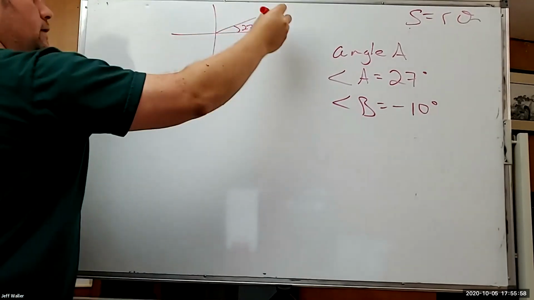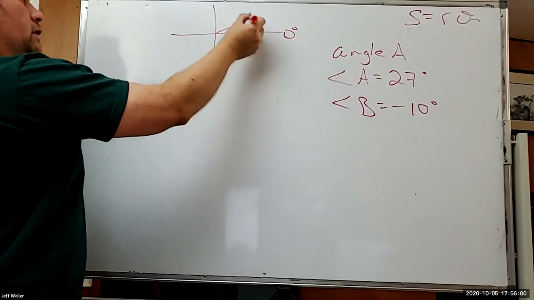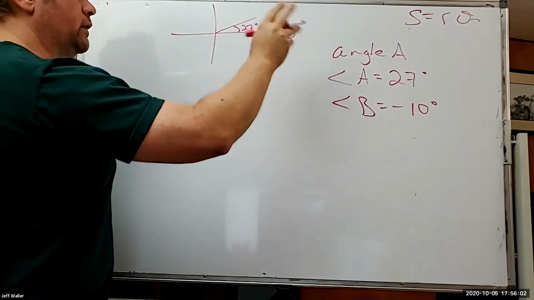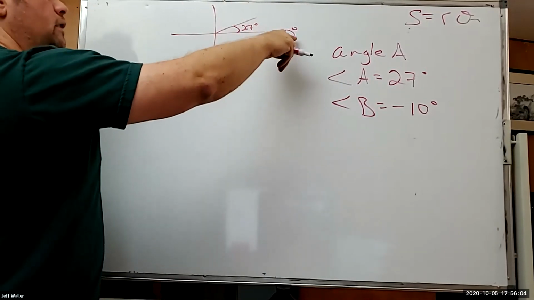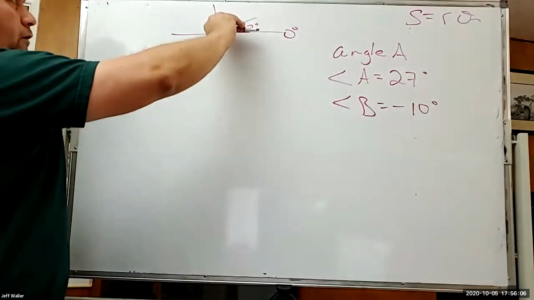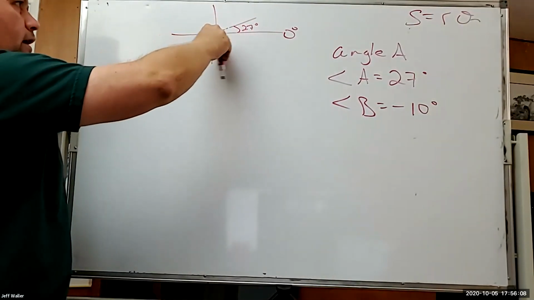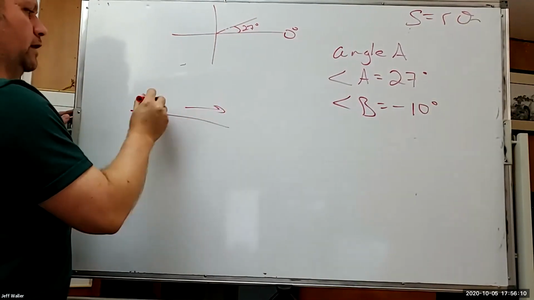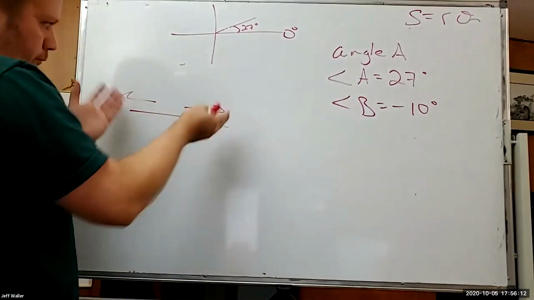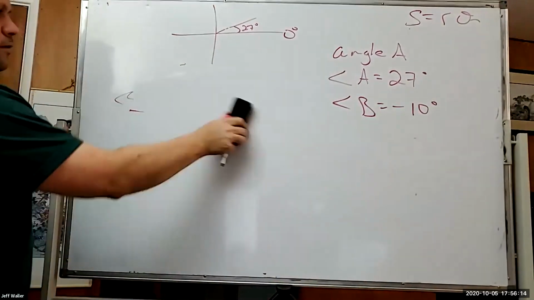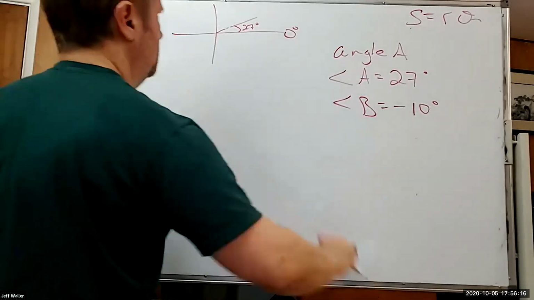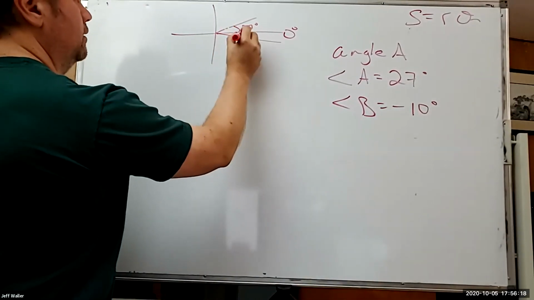I love it. So this is 0. This way is positive, this way is negative. So this is kind of a really nifty circular number line in a way. If I go this way, it's positive. If I go this way, it's negative. Instead of this way is positive, this way is negative, it's just kind of rolled on itself. So that's nifty. So this would be maybe negative 10.